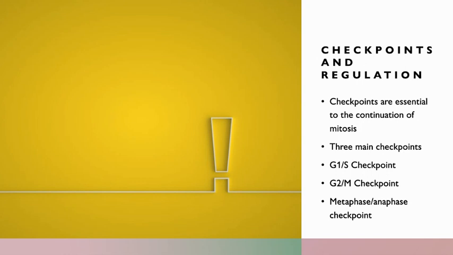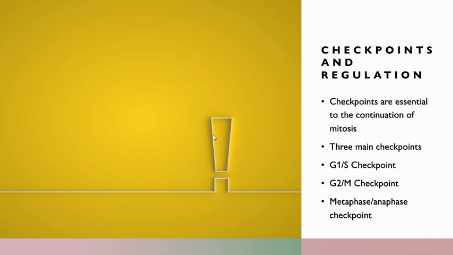So in order for a cell to pass this checkpoint, the point is regulated by the attachment of the mitotic spindle to all chromosomes. If there is no attachment, mitosis will not proceed because those chromosomes won't be split and put into two brand new daughter cells.